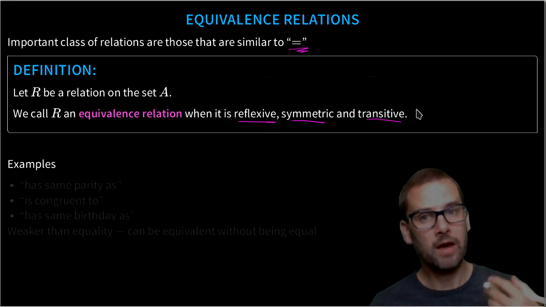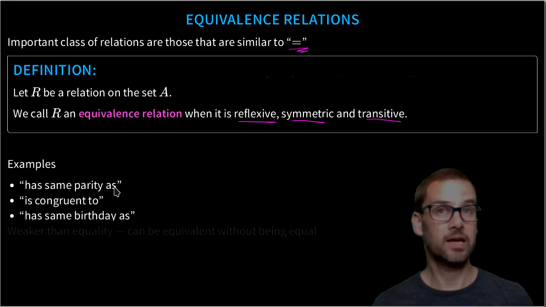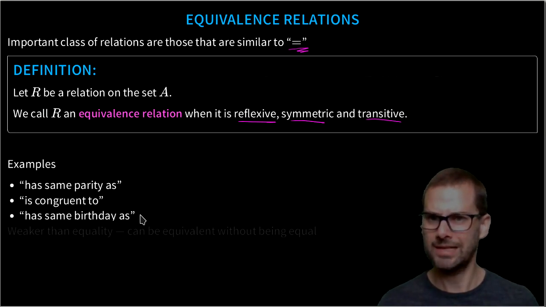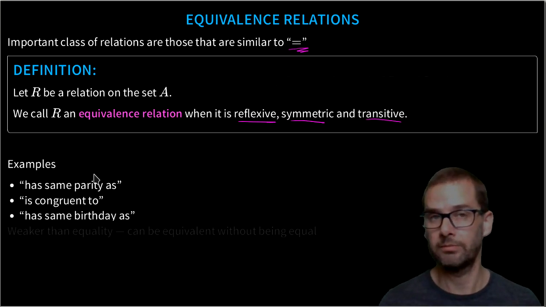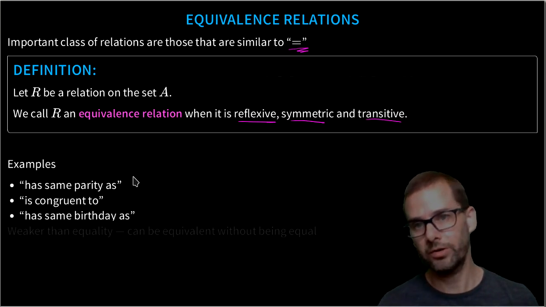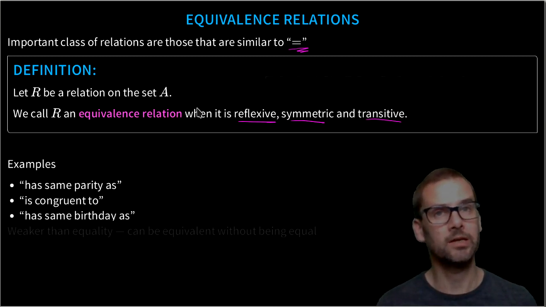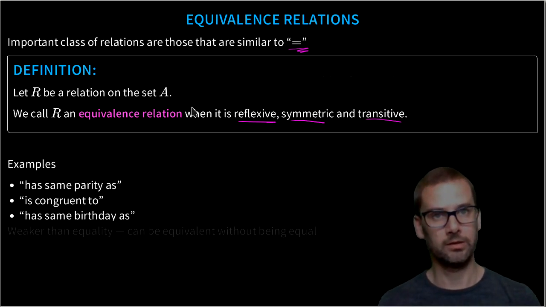Now, when we have a relation that satisfies these properties, for example, we can have has the same parity as, is congruent to, has the same birthday as. Well, we already have played around with this rather a lot. We know that even numbers are similar to other even numbers and odd numbers are similar to other odd numbers. And so has the same parity as turns out to be an equivalence relation. It is like equality, but a bit looser.